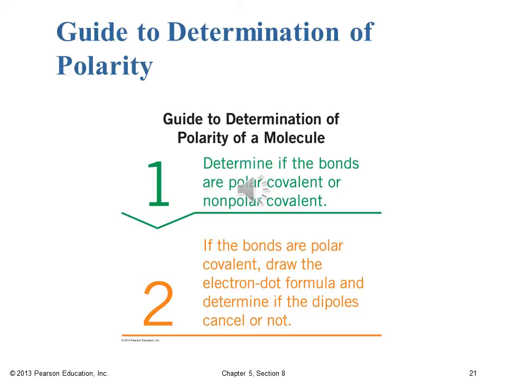If the bonds are polar covalent, then we have to draw the electron dot formula and determine if those dipoles cancel or not. Is there a net direction where the electrons are being pulled, or does the pull in one or more bonding position equal and opposite the pull in other bonding positions?